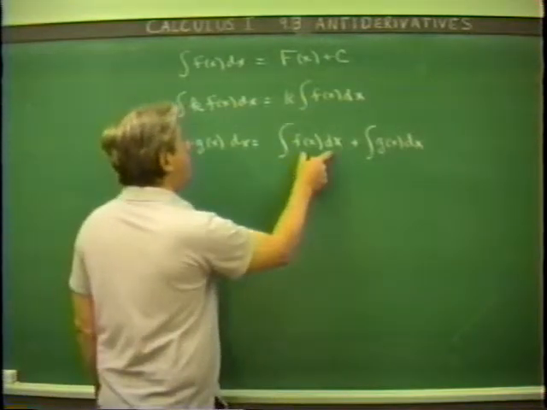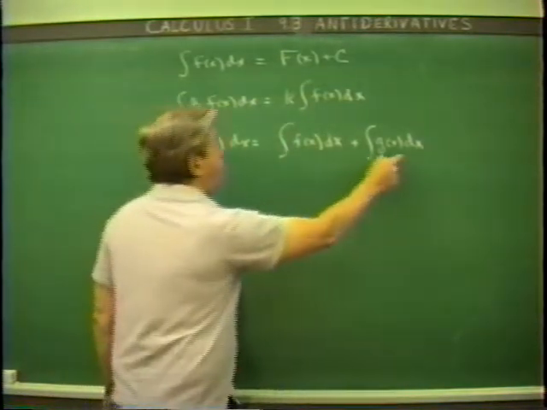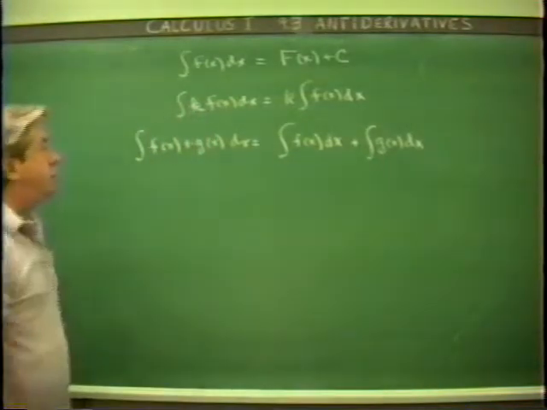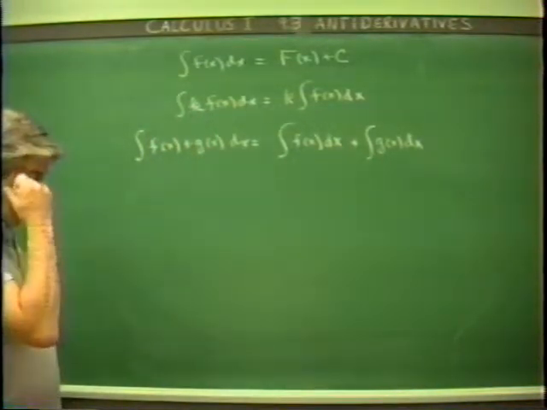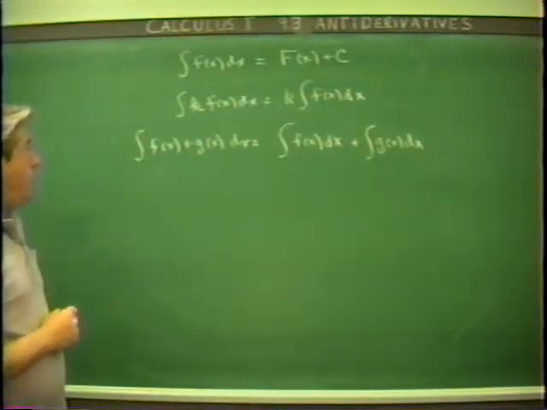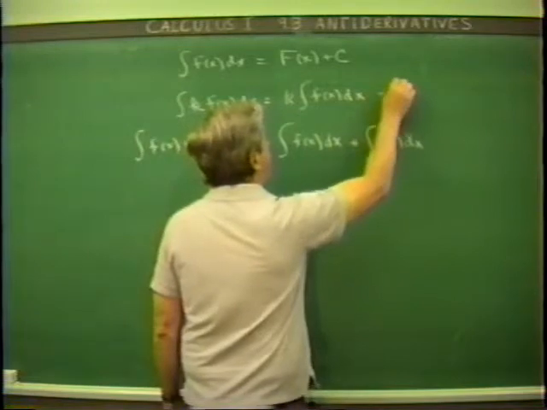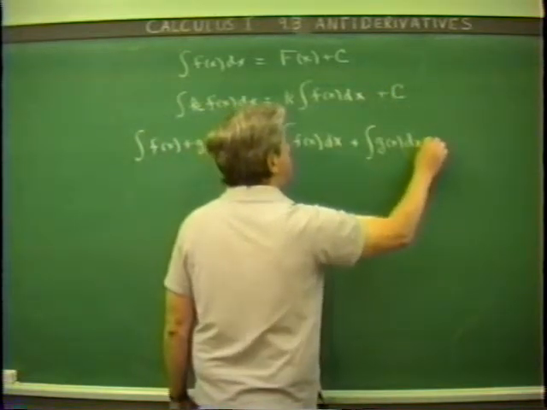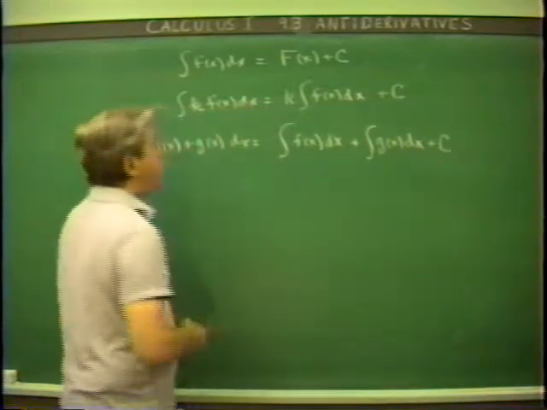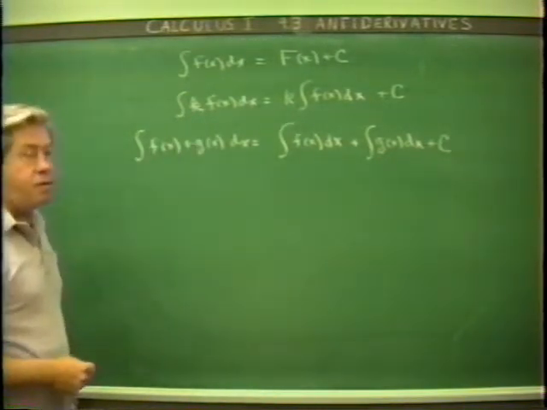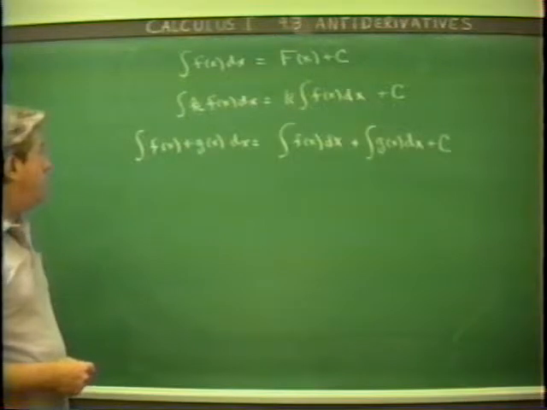So if we had this function whose derivative was f, and this one whose derivative was g, then the derivative of the sum of them would be f plus g. In either of these cases, you can add on the constant, which is called the constant of integration, to indicate that any real solution to this differs from any other one by a constant.